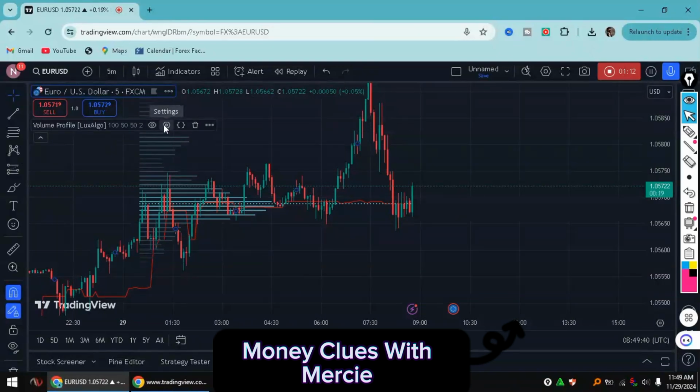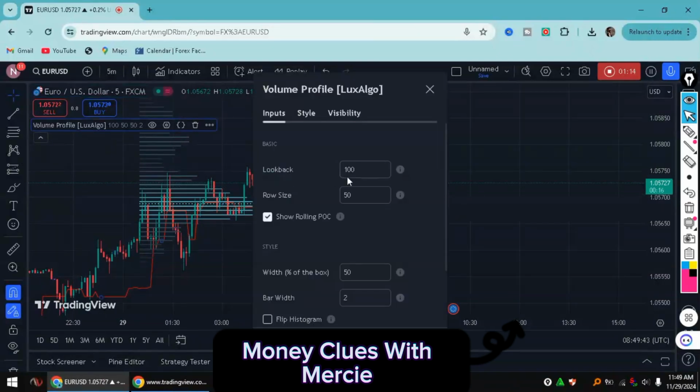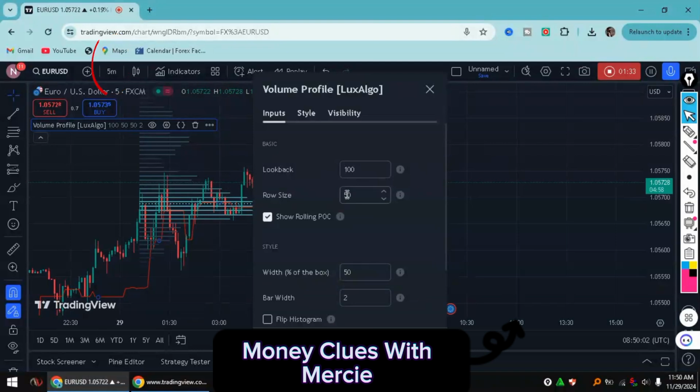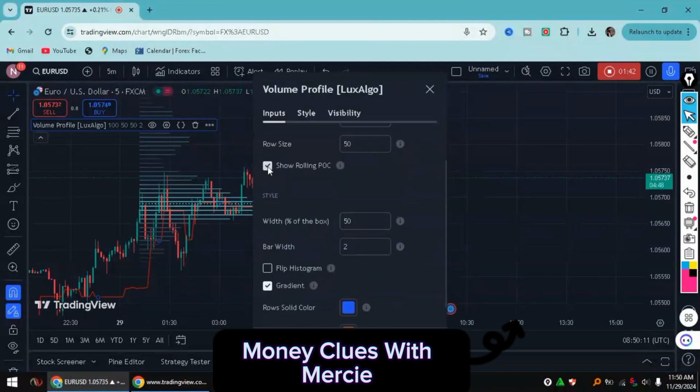Okay, so under settings, guys, ensure the look back is actually 100. These are the number of most recent bars to use for the calculation of the volume profile. Personally, when I'm using the 5 minutes time frame, I've felt the 100 number is correct for me. The row size, I'm going to use 50. Make sure you activate the show rolling POC.